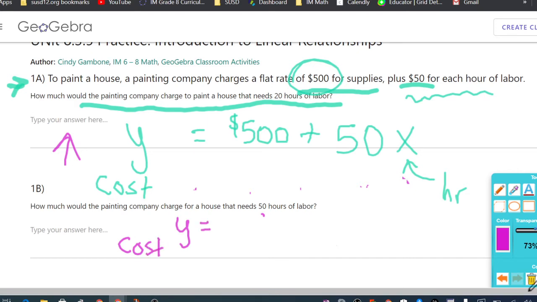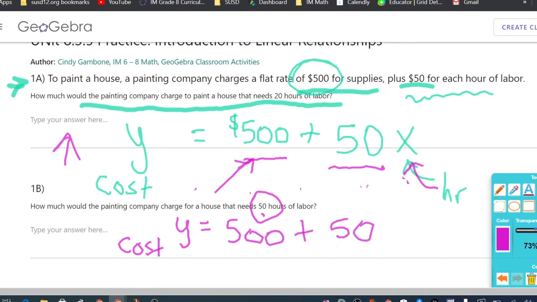The cost, as we already found, is $500 for the flat fee of supplies. Everyone has to pay $500 plus $50 per hour of labor times X, which is the number of hours of labor. So if this house needs 50 hours of labor, the cost will be $500 for supplies plus $50 per hour times 50 hours.